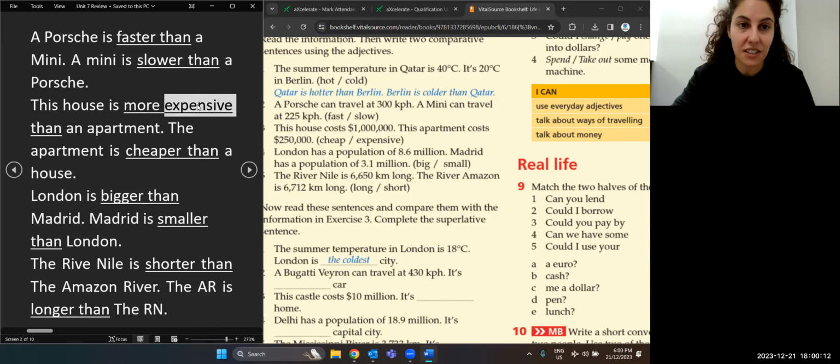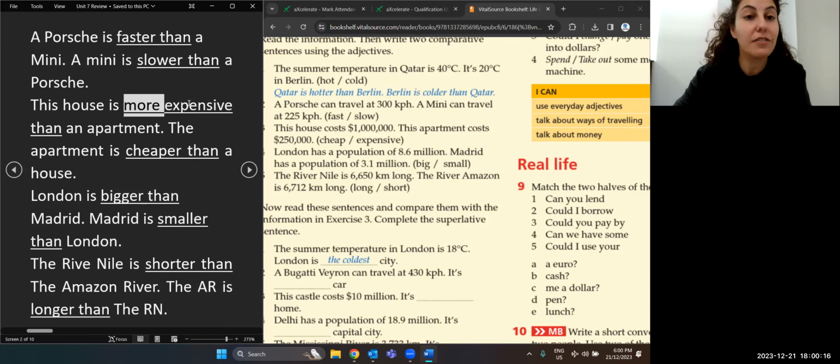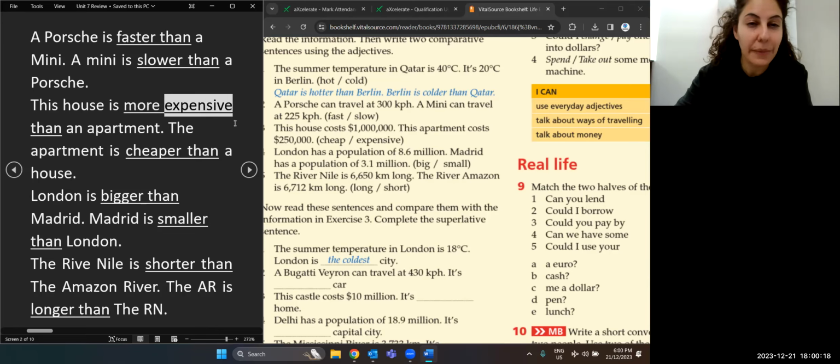Whatever the long adjective is, you don't change it. You just add more before it, but only for long adjectives. What does that mean, long adjective? It just means there's lots of letters. So that's a very long word compared to slow. You know, slow is only 4 letters. That's why we just add the ER, but this word is very long. So it's called a long adjective.